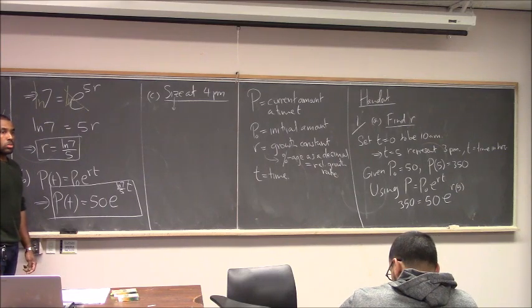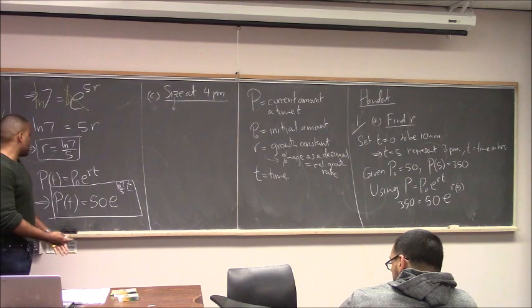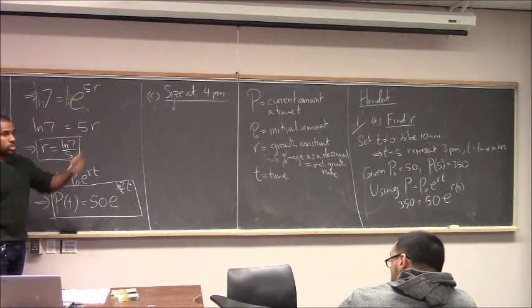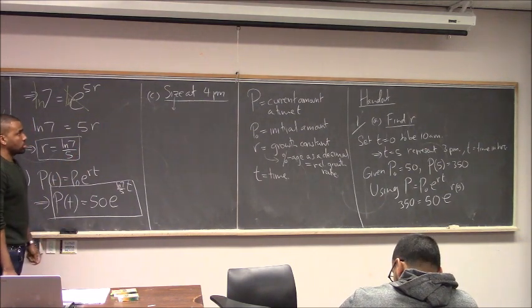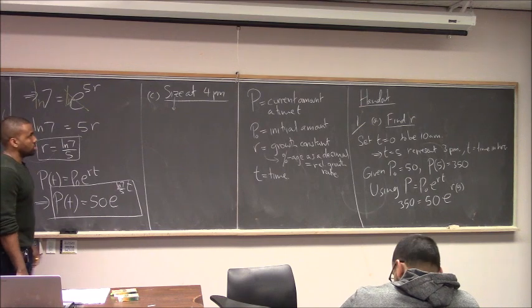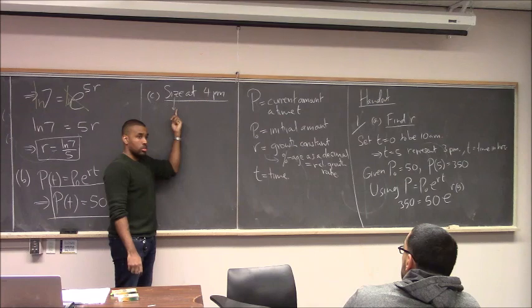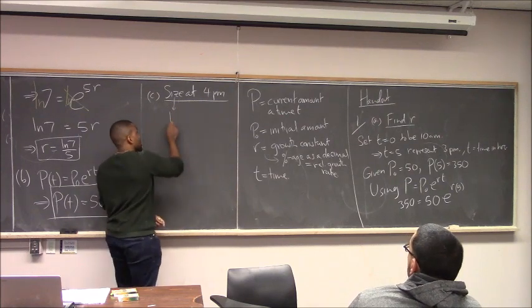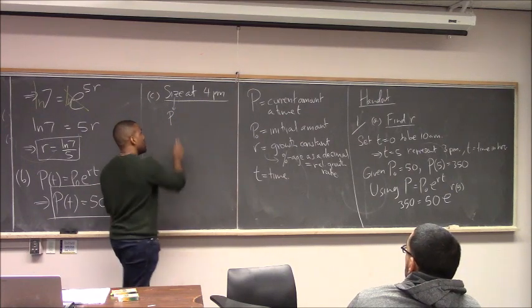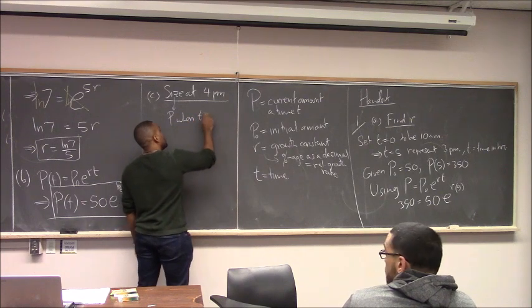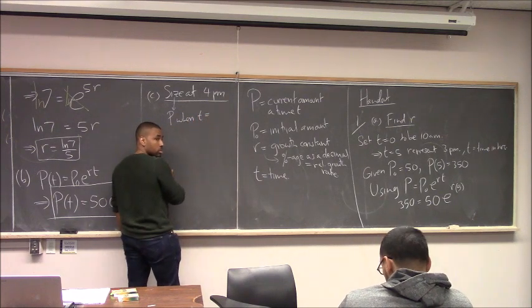The amount of bacteria. Right, so which variable in the equation is that size referring to? Is it P, P naught, r, or t? What is size referring to? P. The P, right? So this is the P. So this asks you for the P when t equals 4.